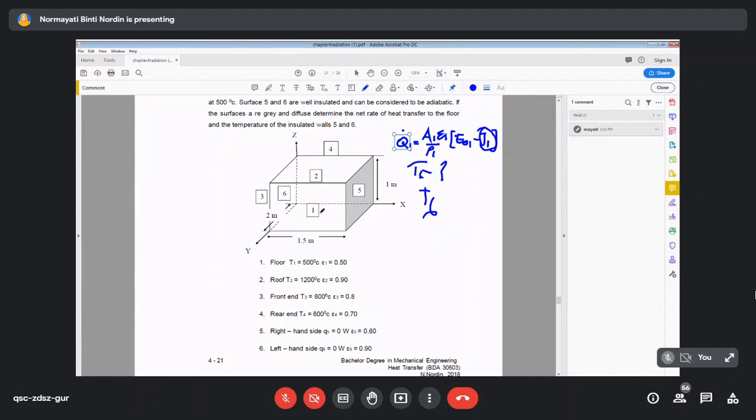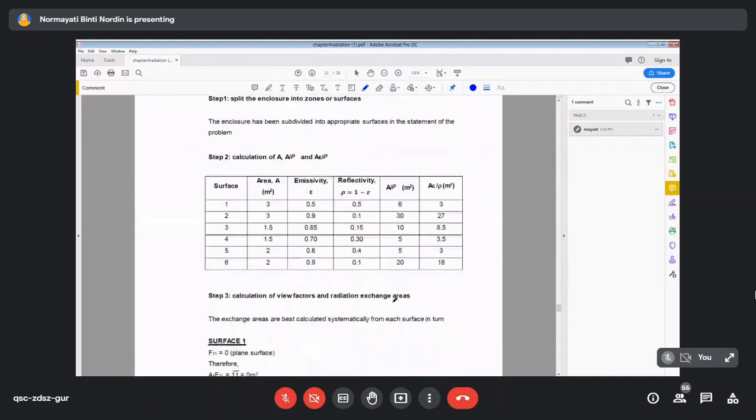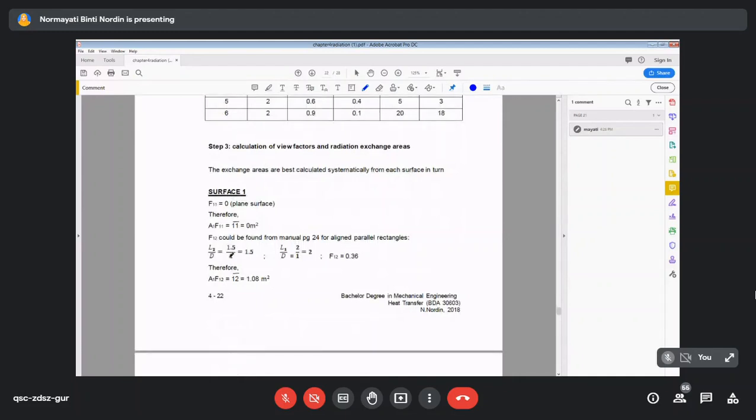And it will be useful and helpful if you have all the simplification methods to find the view factor in your head. Once you are familiar with simplification methods, finding the view factor or exchange area becomes easier.